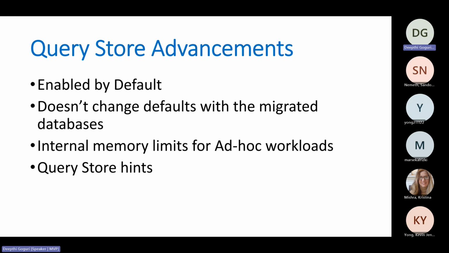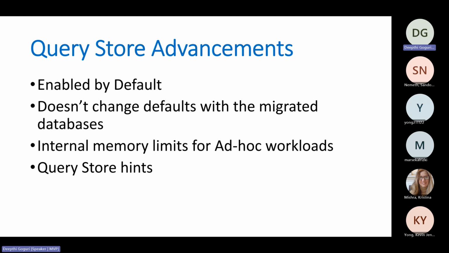Before SQL Server 2022, if you have more of these ad hoc workloads, each ad hoc query can generate an entirely different query ID. So if you have more ad hoc queries, that might blow up your query store, because whenever you enable the query store, you need to configure the space for the query store inside your database.